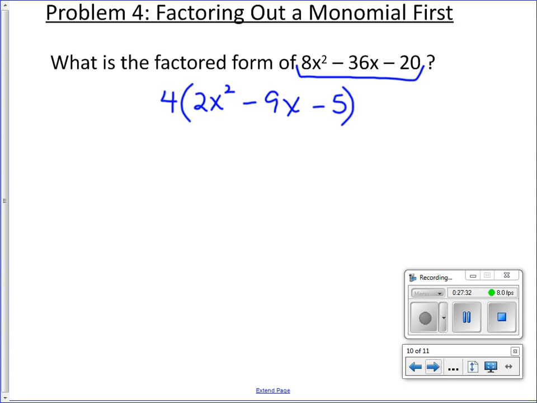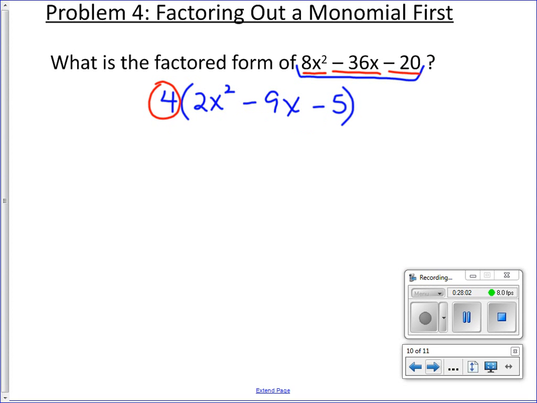Now, I always recommend at this point that you double check before you go further. 4 times 2x squared is 8x squared. 4 times minus 9x is minus 36x. And 4 times minus 5 is minus 20. So far, so good. All right, now, we know that the factored form is going to have this 4 in it.